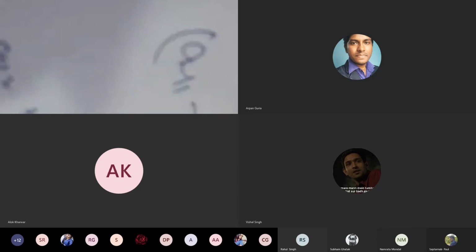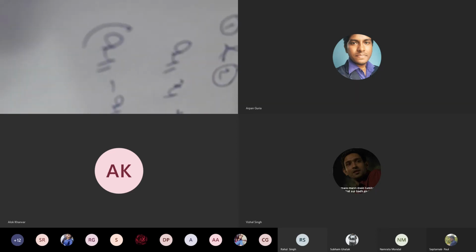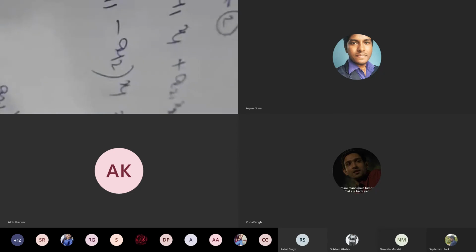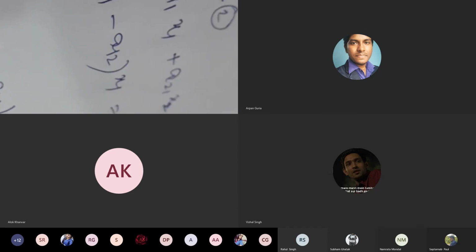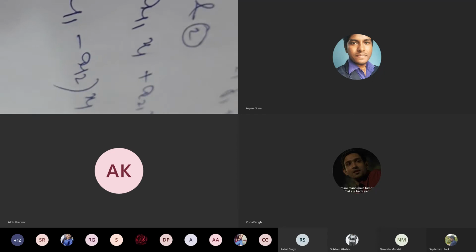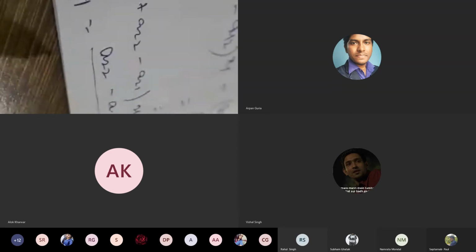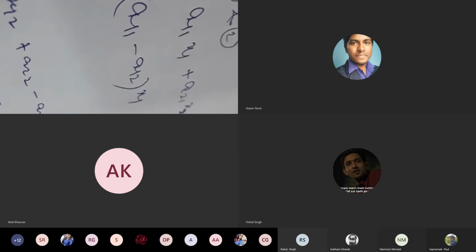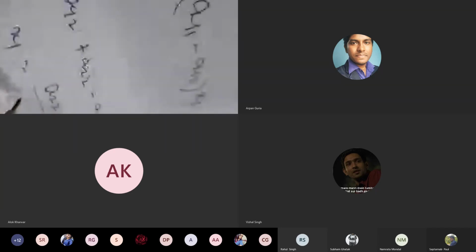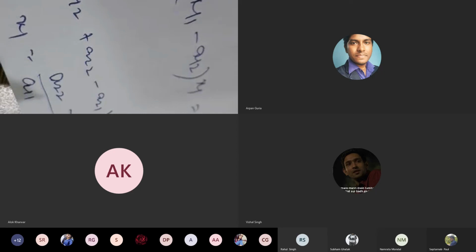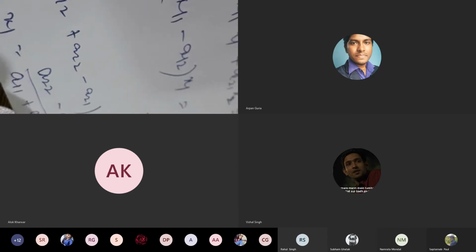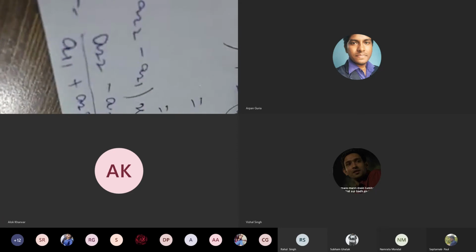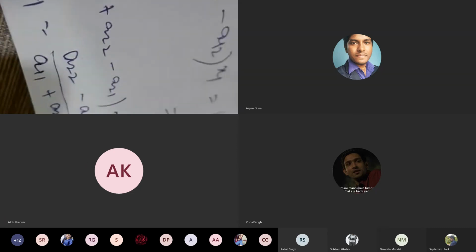Then if you arrange it, x1 is equal to A22 minus A21 divided by A11 plus A22 minus A21 plus A12.